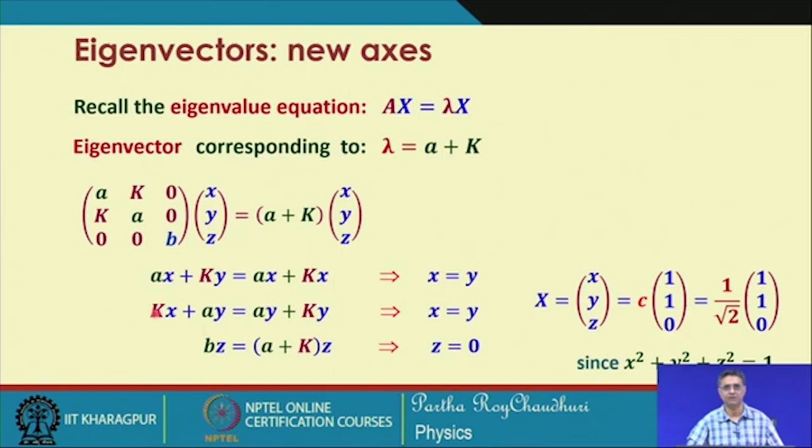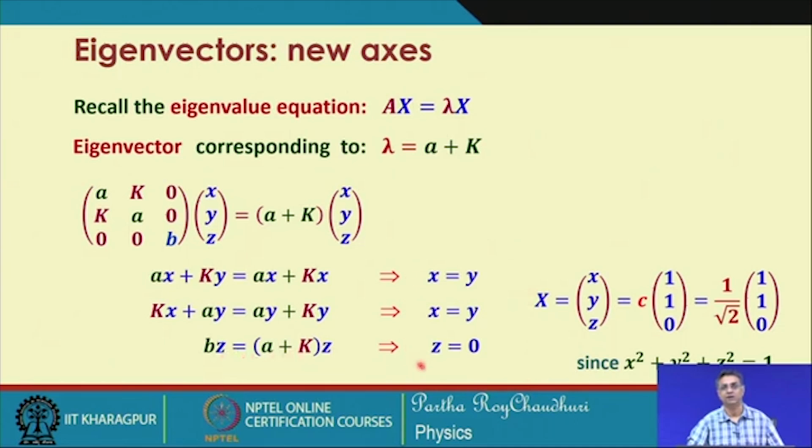From the second equation, a y cancels from either side, which gives you k x equal to k y, and that yields the same relation, that is x is equal to y. But from the third equation, b z equal to (a plus k) z. It tells you that because a plus k cannot be equal to b, therefore z must be equal to 0.